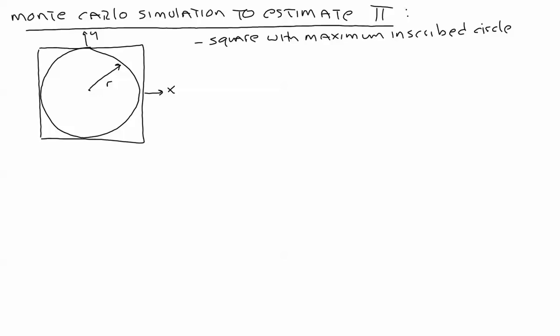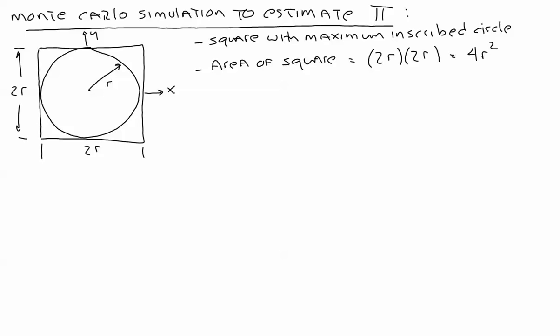Area of the square is just going to be 2r times 2r. That's 4r squared. So my box is 2r tall and 2r wide.